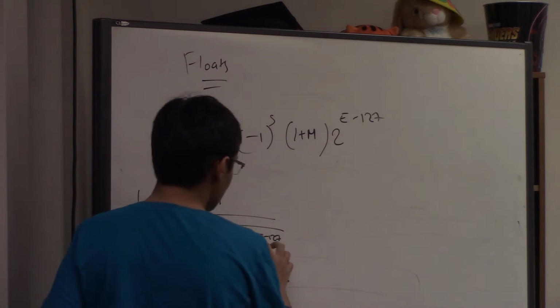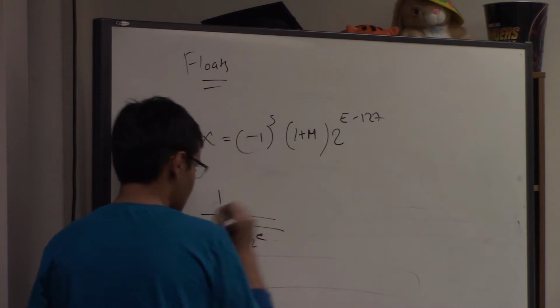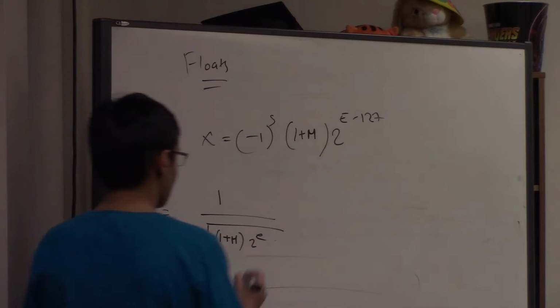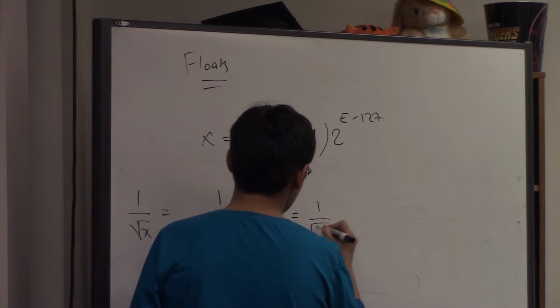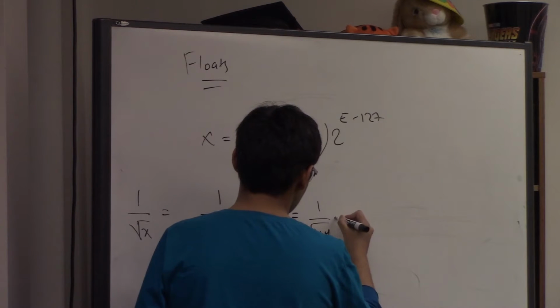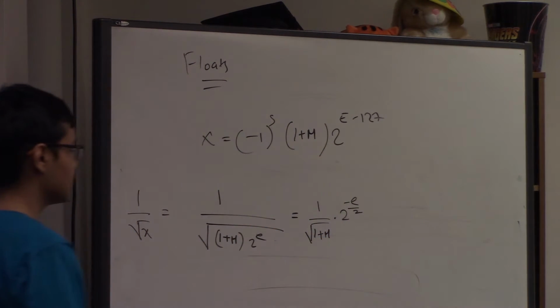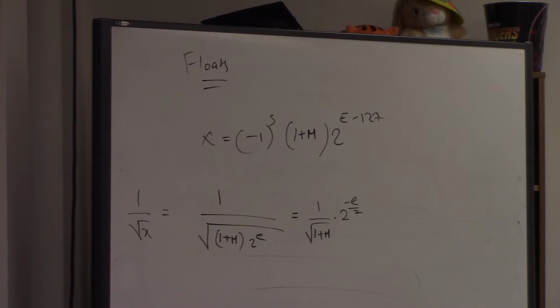For now, I'm just going to call e minus 127 simply e, which just makes stuff easier for me. Then this just becomes 1 over square root of (1 plus m) times 2 raised to e, which is 1 over square root of 1 plus m times 2 raised to e over 2. So that's what we want to compute now instead. Cool? Questions?